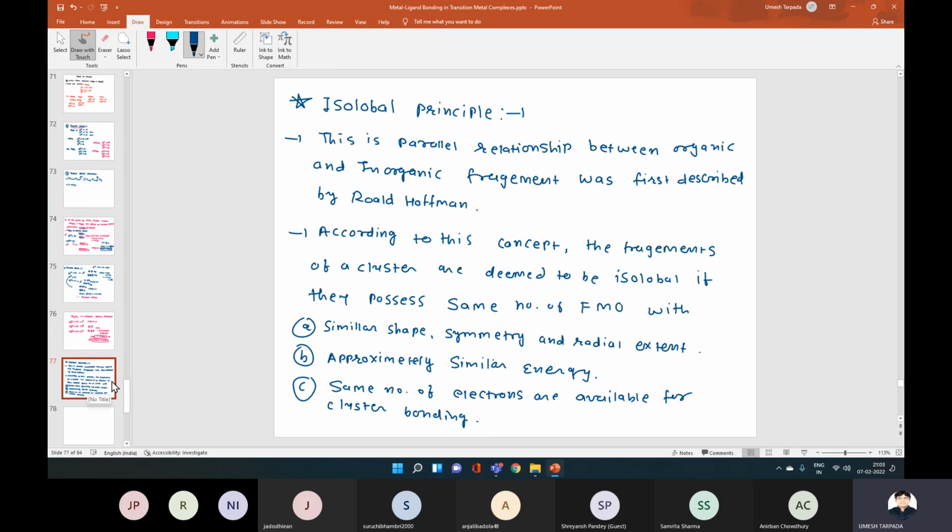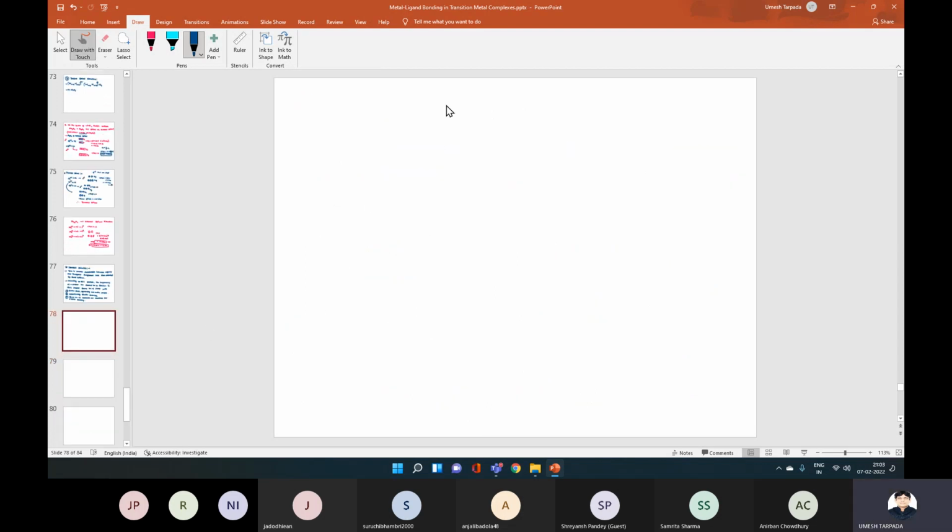So you can say that these two structures may be isolobal. So the better way is to see how you can decide it: isolobal pair.